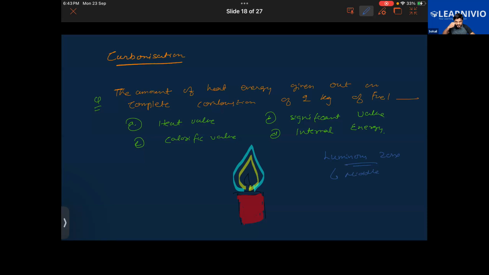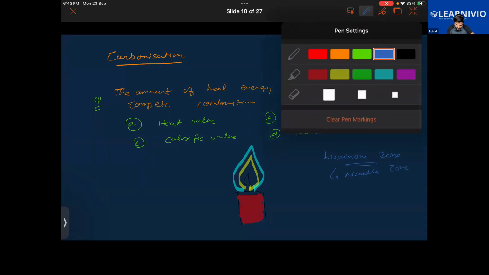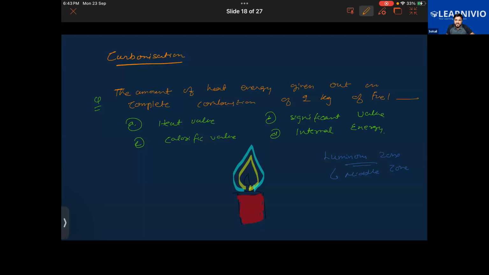A goldsmith will be preferably using which zone of the candle flame to heat different objects?